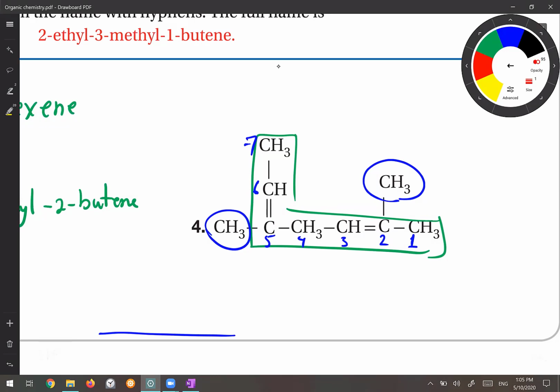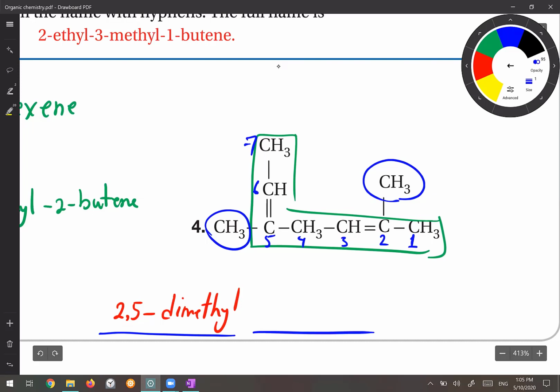First, the position of them. They are in the 2nd and 5th position. Then because both of them are methyl, I just write dimethyl. So 2,5-dimethyl. Then I have to name the parent.